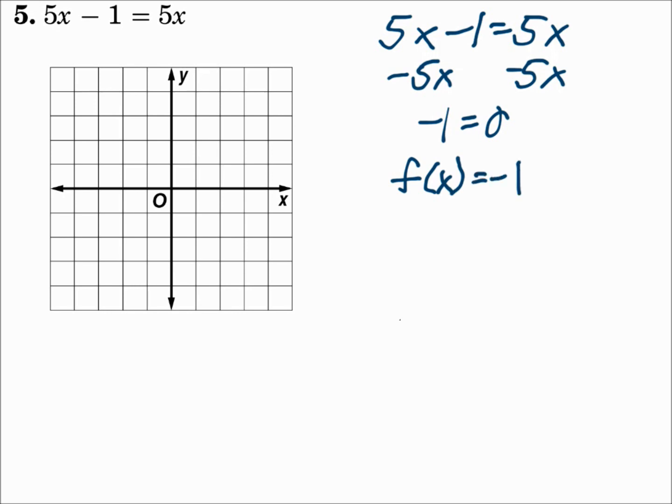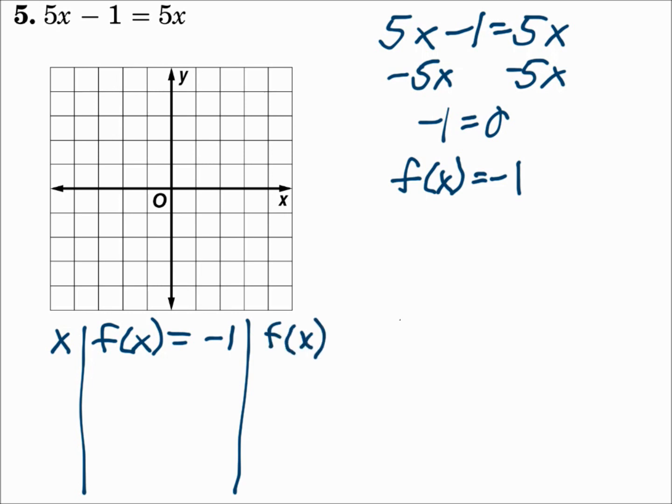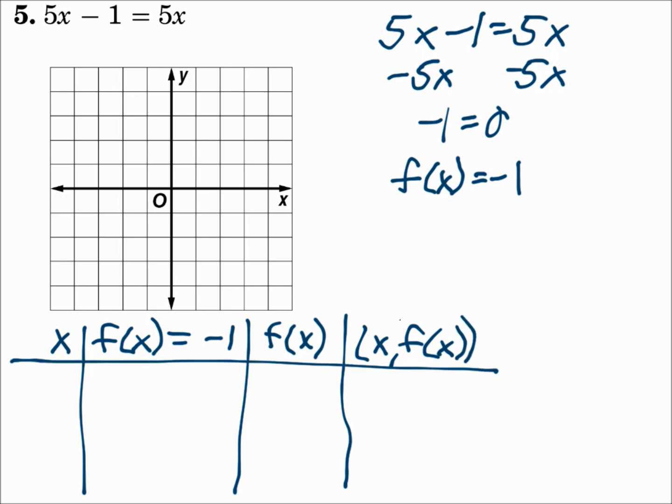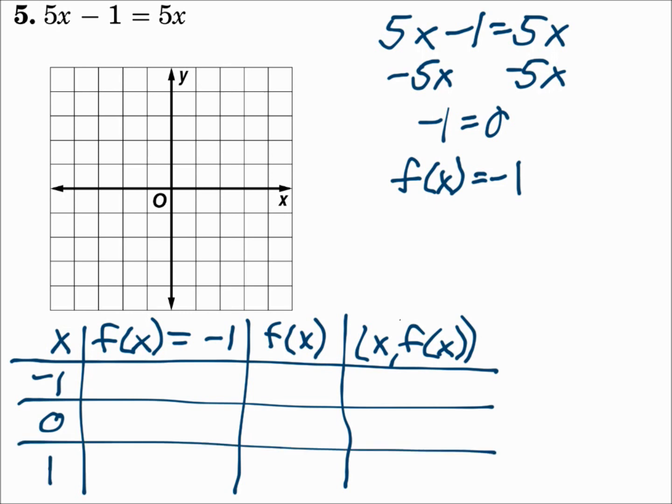And make the table. An x column, an f of x equals negative 1 column, an f of x column, and an x comma f of x column. Remember, x is negative 1, 0, and 1. No matter which of these values you substitute in, there's no x to substitute it in for.